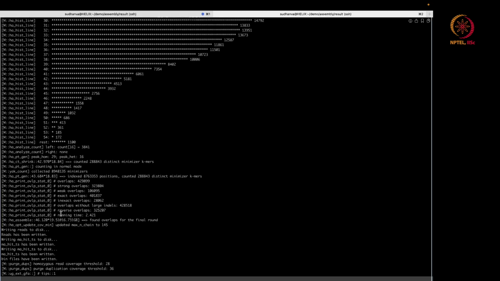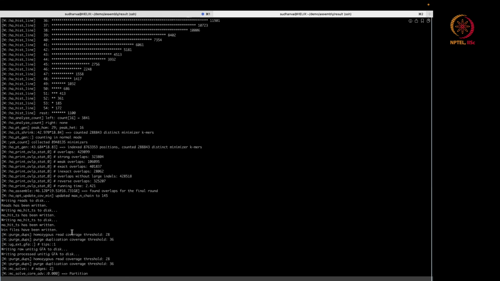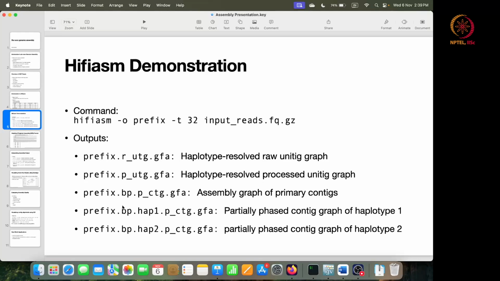This graph is further processed to generate a processed unitig graph, and once the processed unitig graph has been created, it is capable of inferring a primary assembly from it. The primary assembly is stored in the p_ctg.gfa file, and it generates 2 more files.